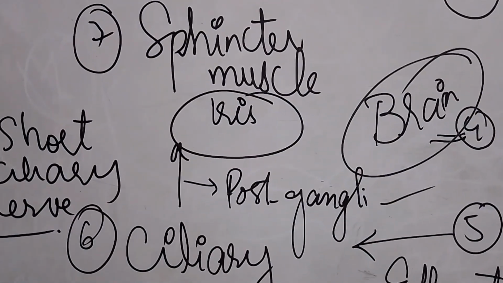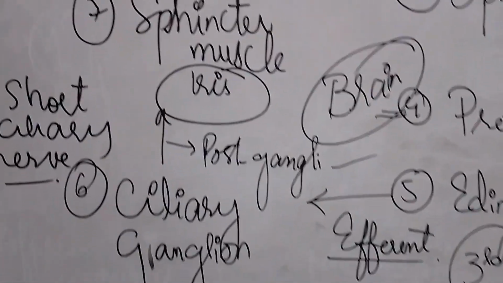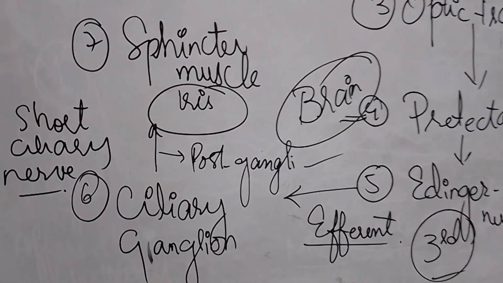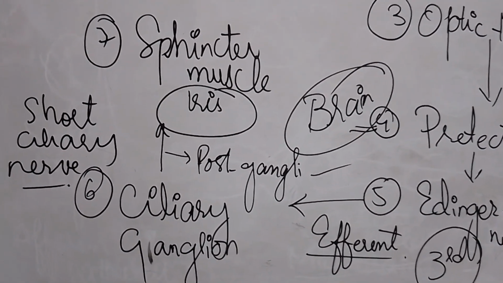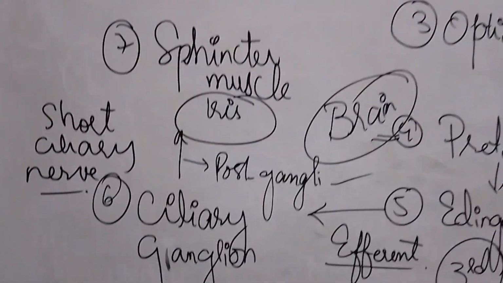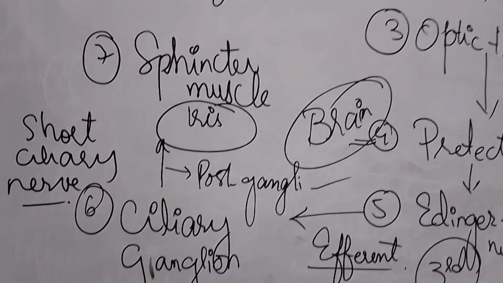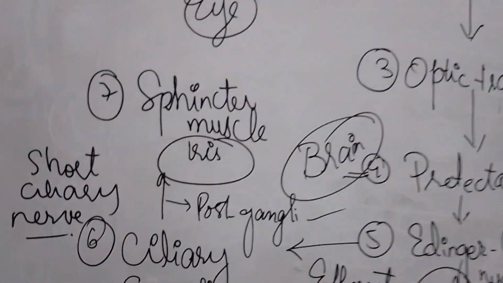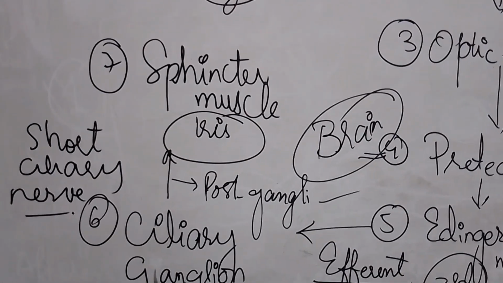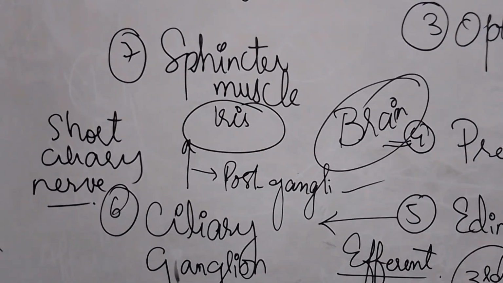Postganglionic means after the ganglion. So now what will happen? The sphincter muscle will contract and constrict the pupil. So the pupil gets constricted and less light enters the eye.